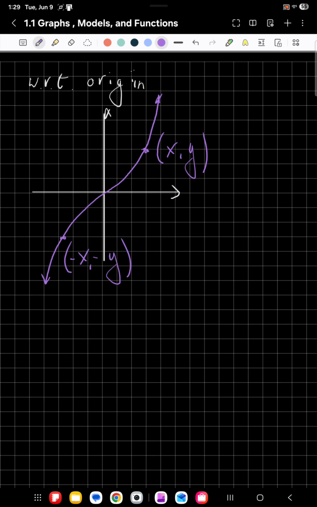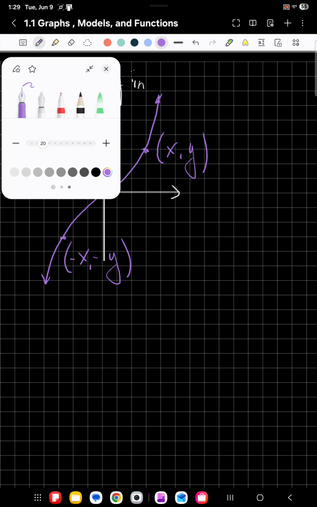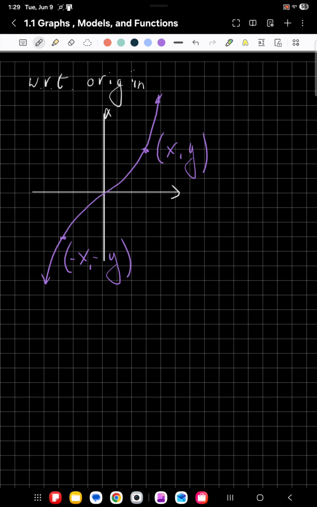And then the condition for a function to be symmetrical with respect to origin would be something like this. So I will take f of x, right, and I would get negative f of negative x, right, with the negative in front of it. I put that negative there, right?